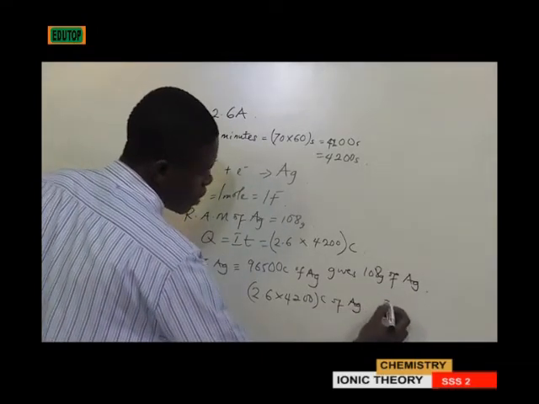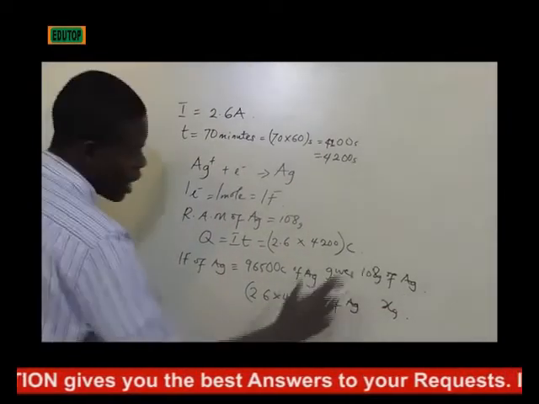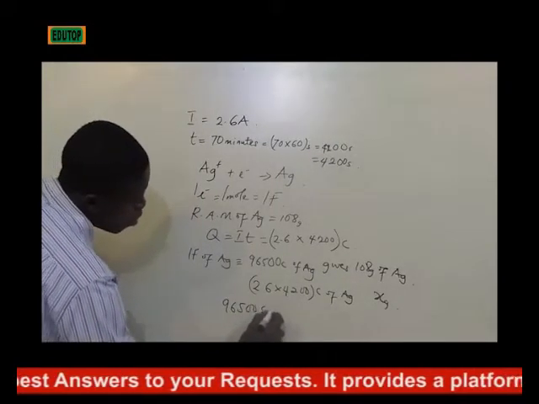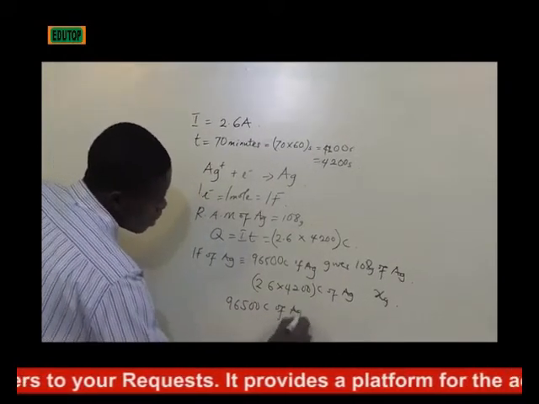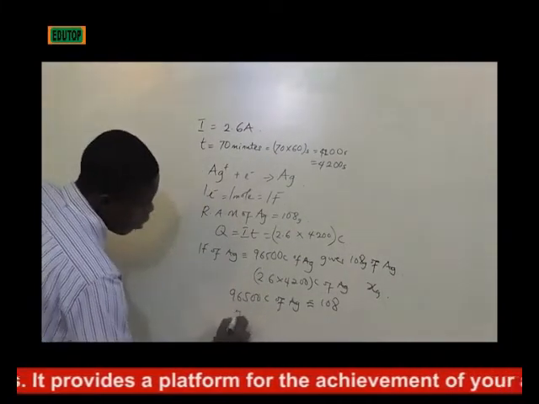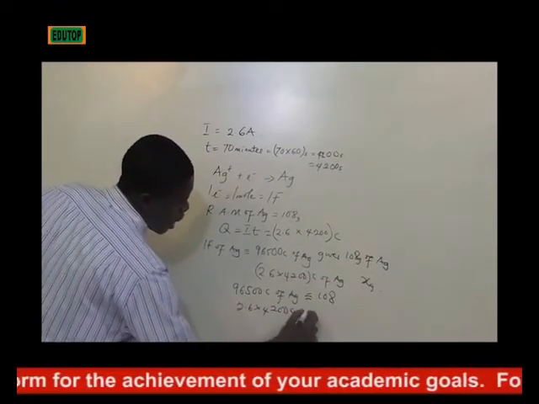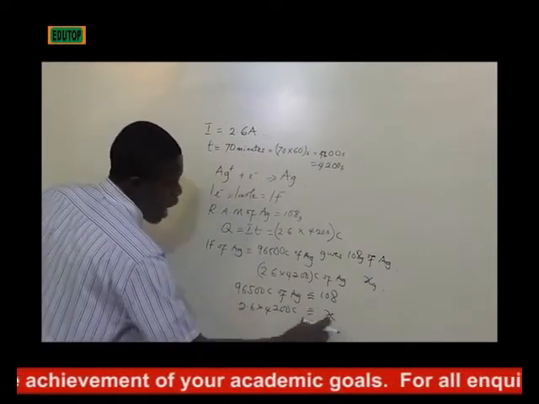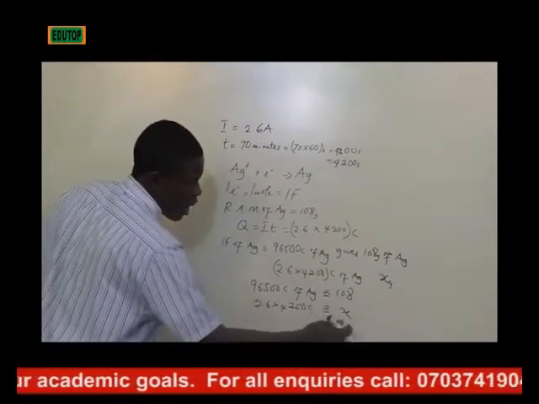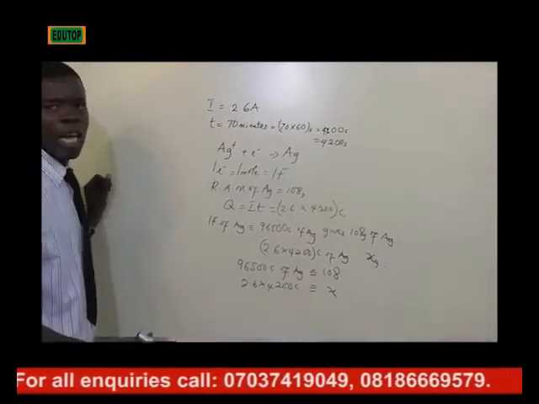Then the mass is unknown, let's say X gram. So mathematically, 96500 coulombs of silver is equivalent to 108, then 2.6 times 4,200 coulombs of silver is equivalent to X. Our interest is to calculate the mass of silver deposited by this quantity of electricity.